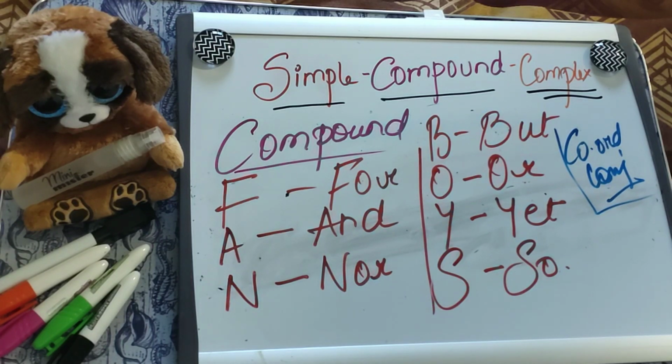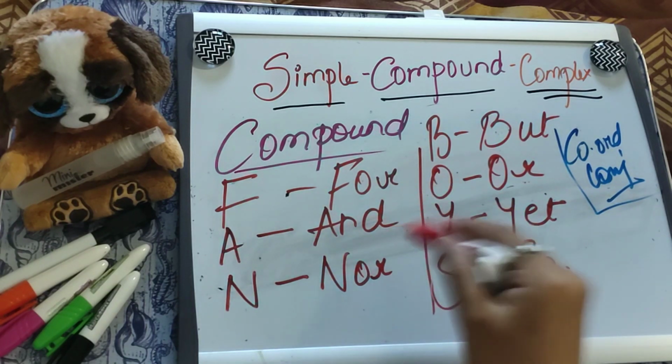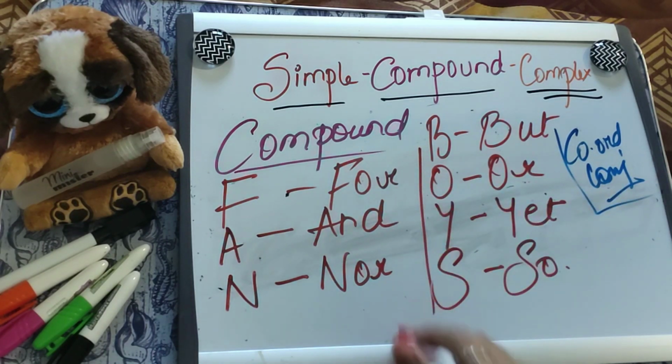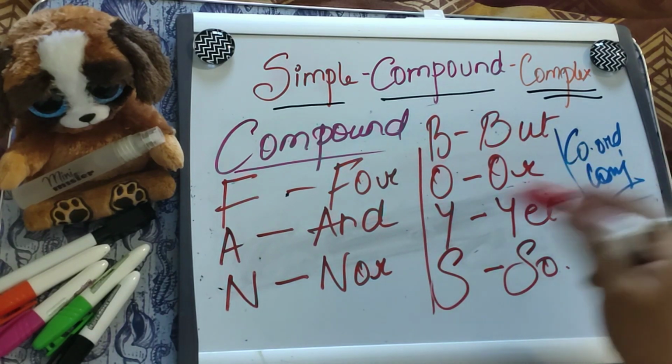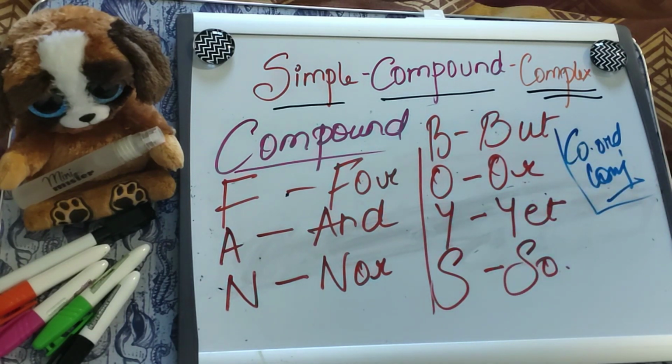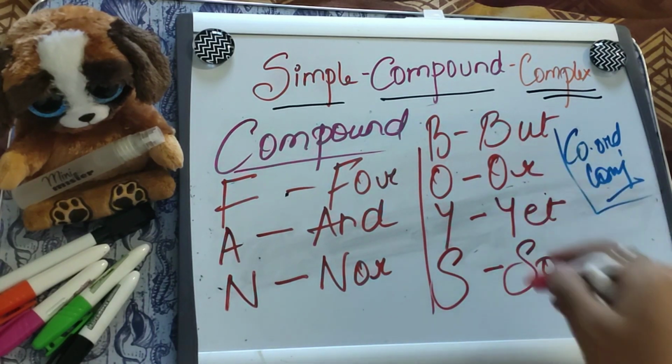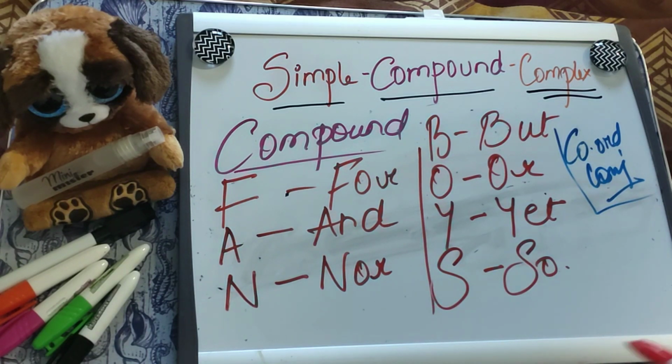So yeah, you can use for, or you can use and, nor, but, or yet. And that will give you a different sentence structure. So till now we know five types of simple sentences that we can create, and now we have seven different types of compound sentences that fall under coordinating conjunctions. So now you know 12.